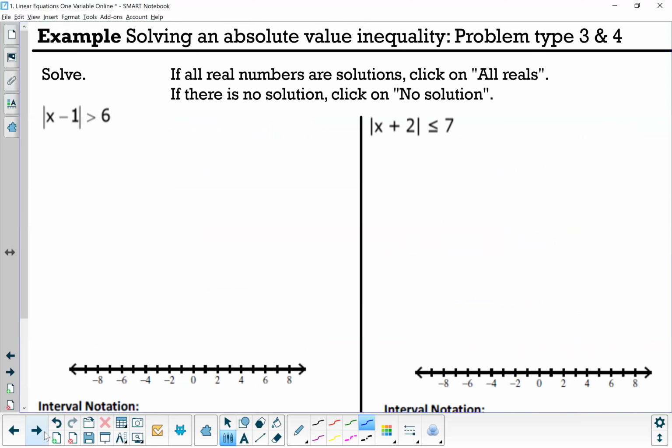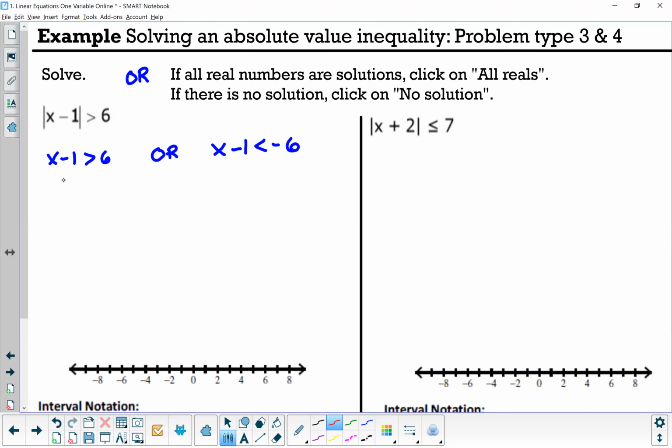But we do need to separate into two inequality statements. So we have greater than or equal to. We have greater than. So this is going to be an or compound inequality. We have x minus 1 greater than 6 or x minus 1 is less than -6.